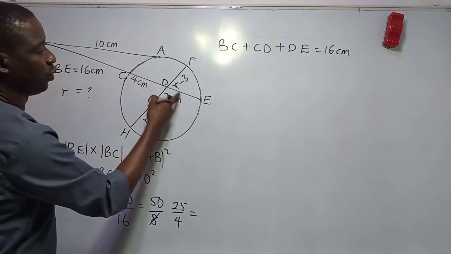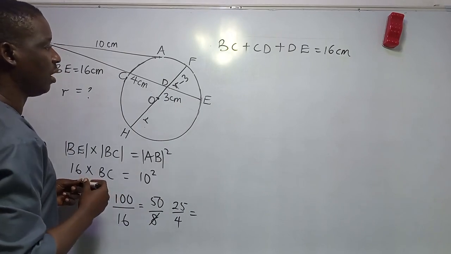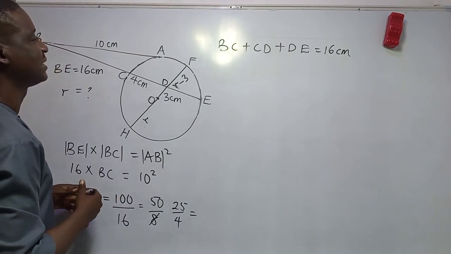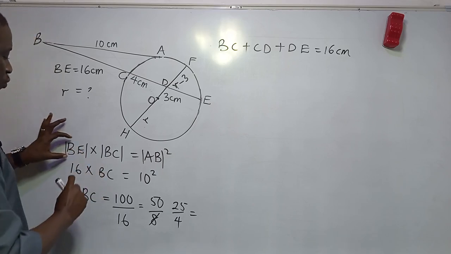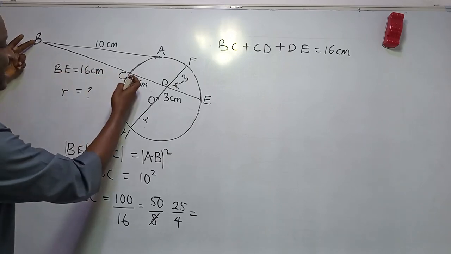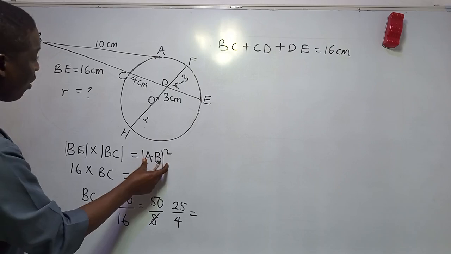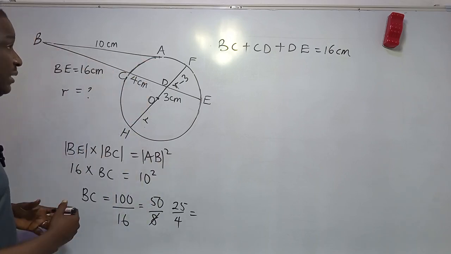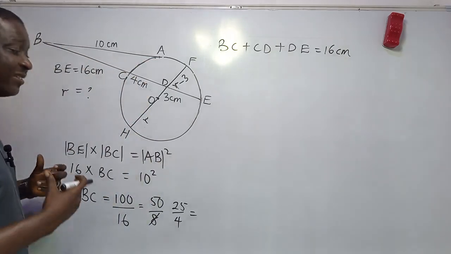BC plus CD plus DE makes up the full secant. We told you that BE, the full secant, multiplied by the part of the secant, is equal to the square of the tangent. That is the relationship between a tangent and a secant.